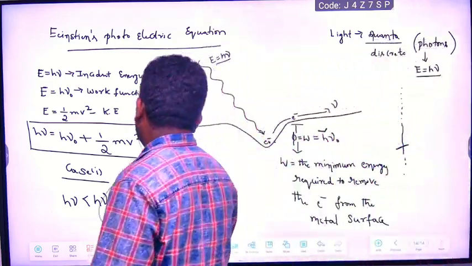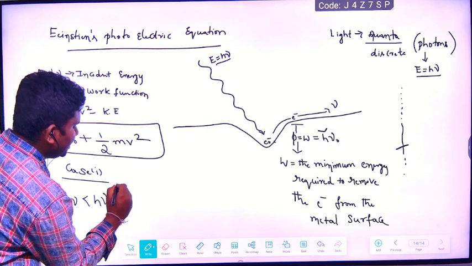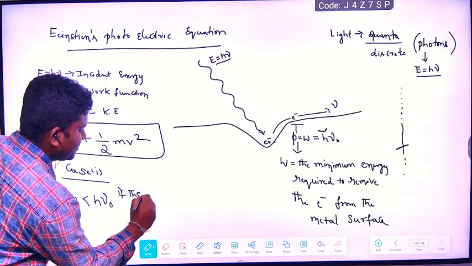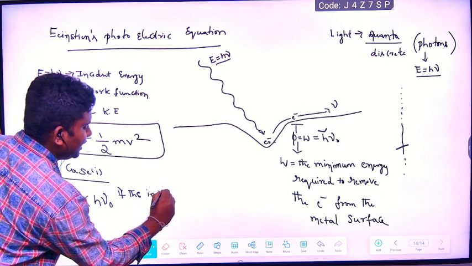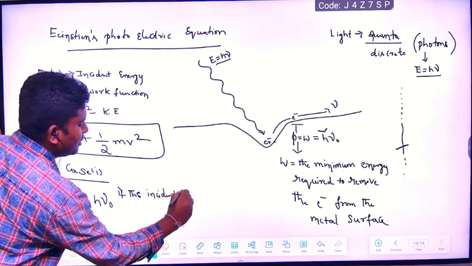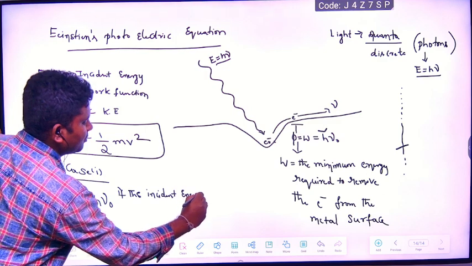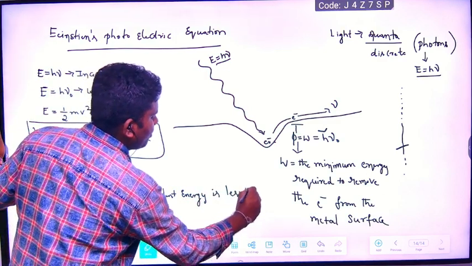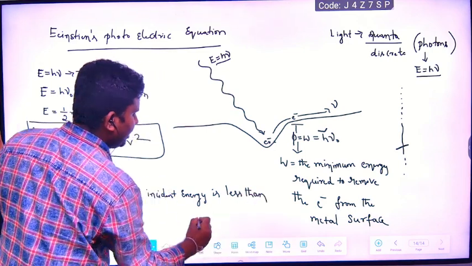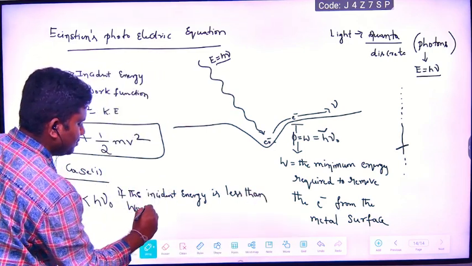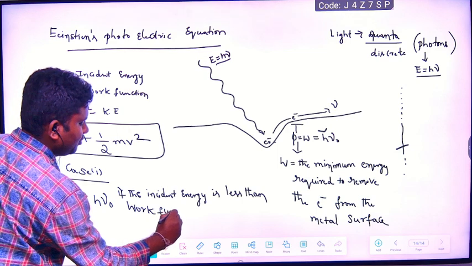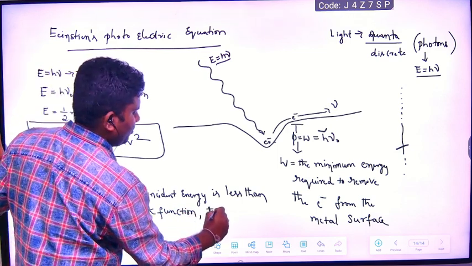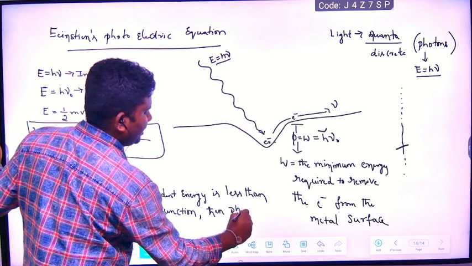So that's why, if the incident light energy is less than the work function, then photoelectric effect never takes place.